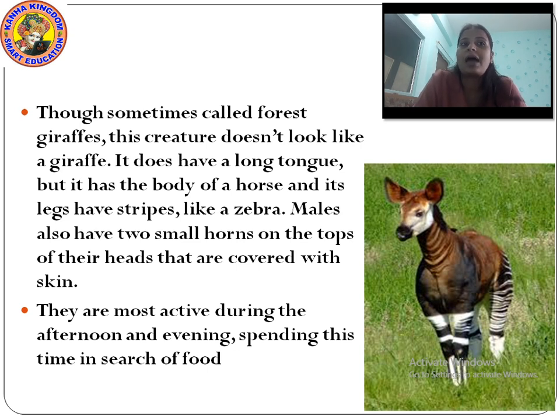Males also have two small horns on the top of their head that are covered with skin.